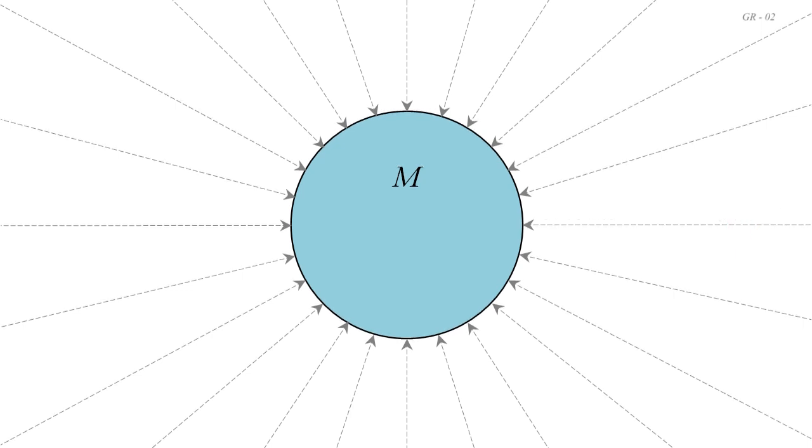As mentioned in earlier videos, these gravitational field lines are analogous to the flux lines that are used in electrostatics. In fact, we can call them the lines of gravitational flux.